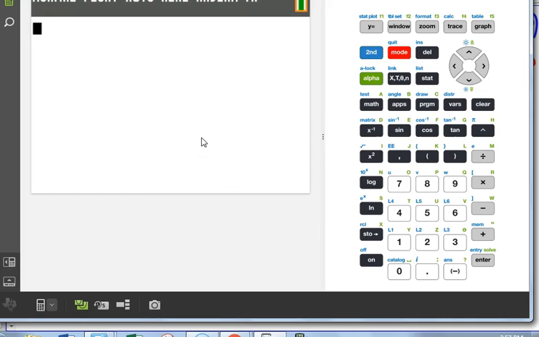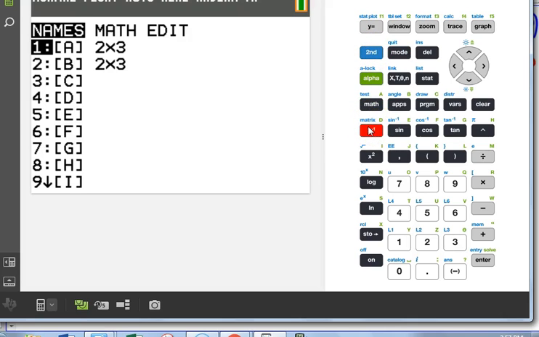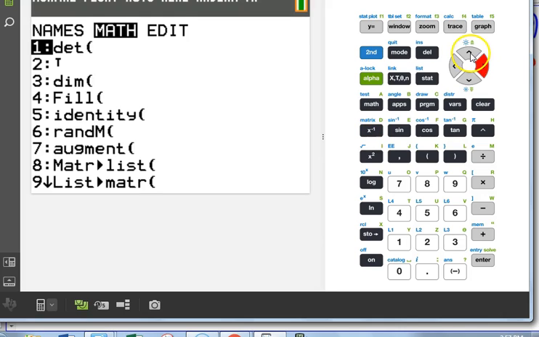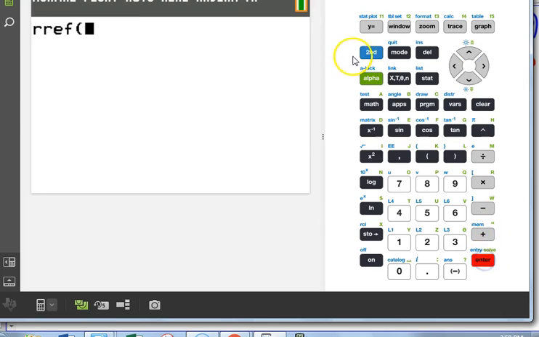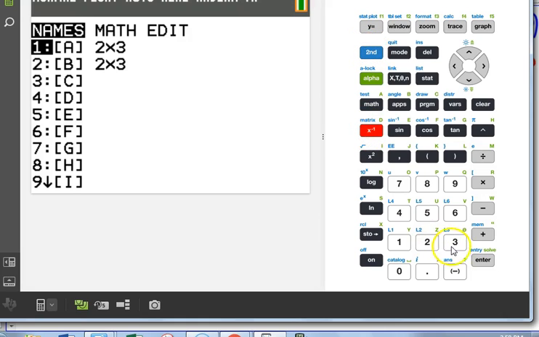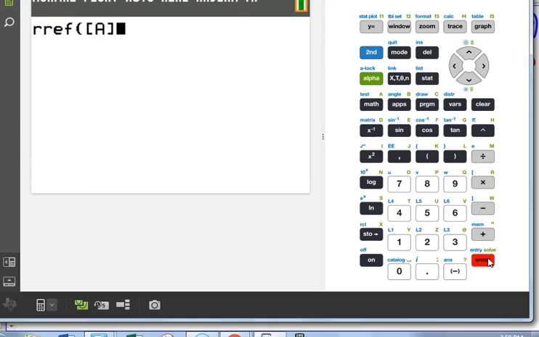This one, yes. Sometimes you might not have to, but this one you do have to quit. Then go back to matrix, but where are we going this time? Math. Yeah, I usually go up. Got to find RREF. Some of you like to find B. And then we have to put the name in. Back to matrix, and I stored mine in. Actually, it's in both A and B because I did it wrong earlier.